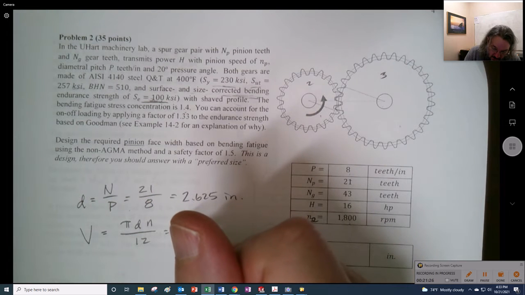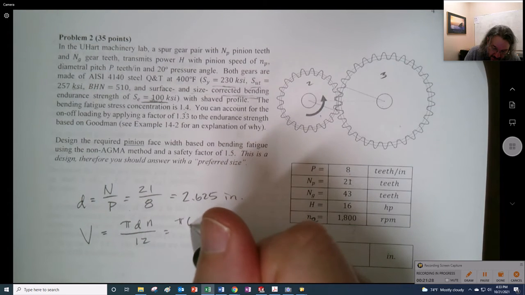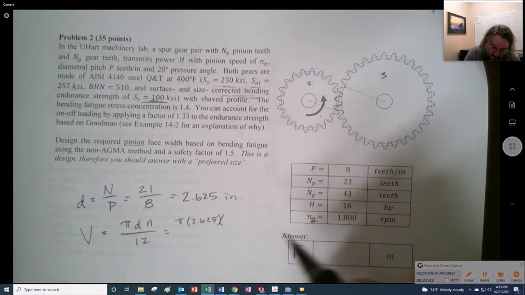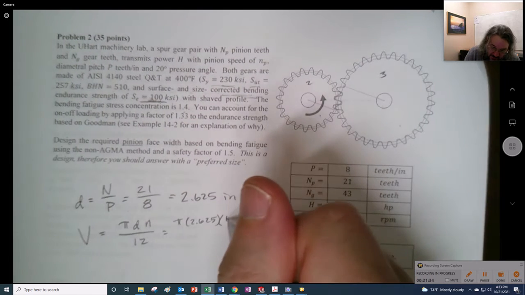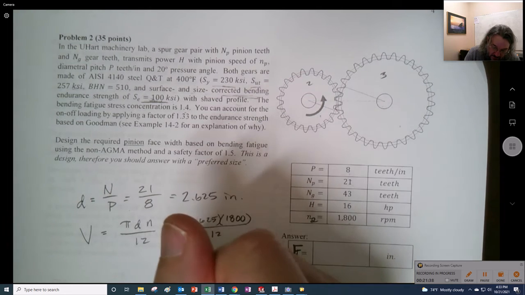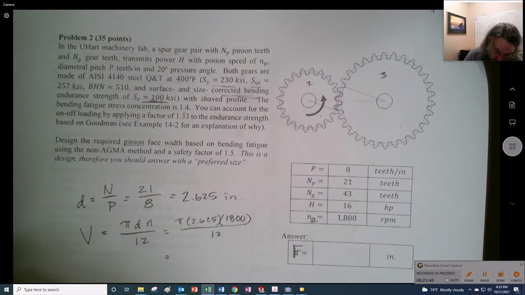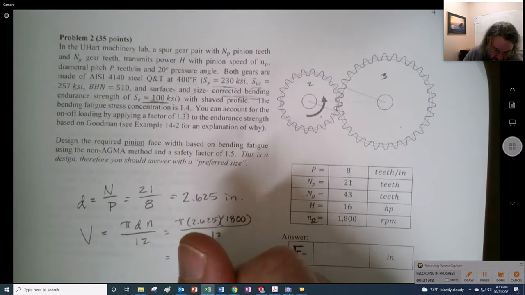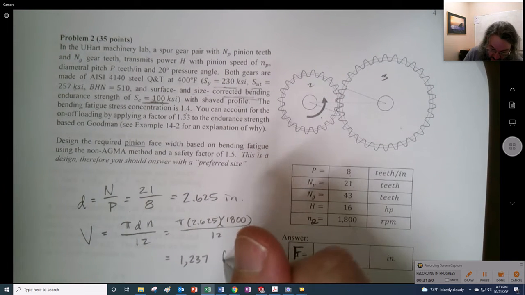So let's go pi times 2.625 times the RPM, which is 1800, divided by 12. You go pi times 2.625 times 1800 divided by 12, and you get 1,237 feet per minute.